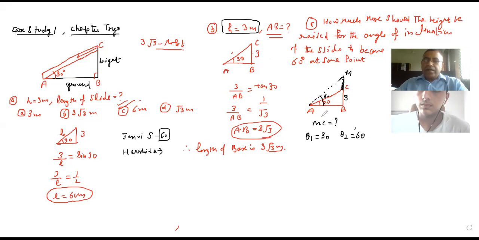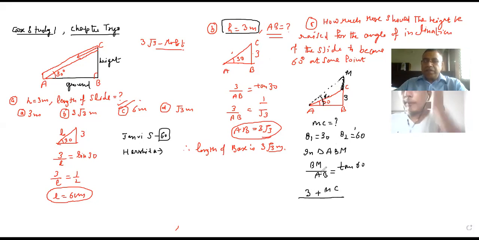Now, in triangle ABM, BM over AB is equal to tan 60. So BM is equal to BC plus MC. So BC is 3, 3 plus MC, this is the value of BM. So AB we have already calculated, 3 under root 3.